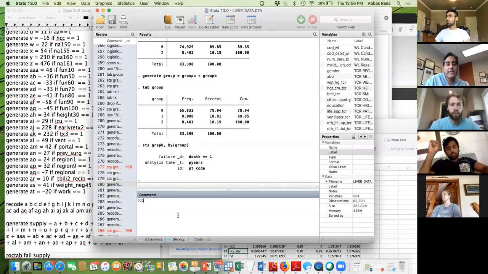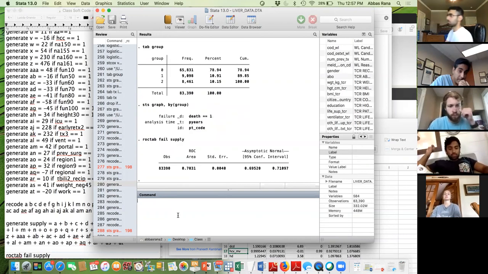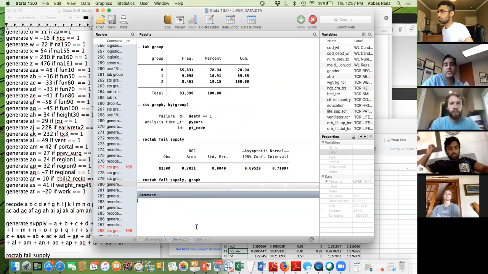So we just write this simple code, roc tab fail supply. And there's a 0.7 C statistic. Which is what it was.